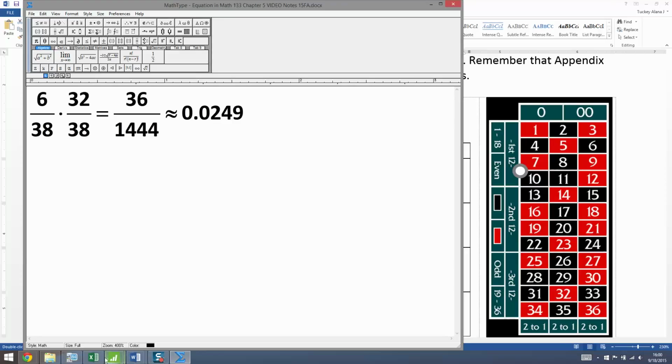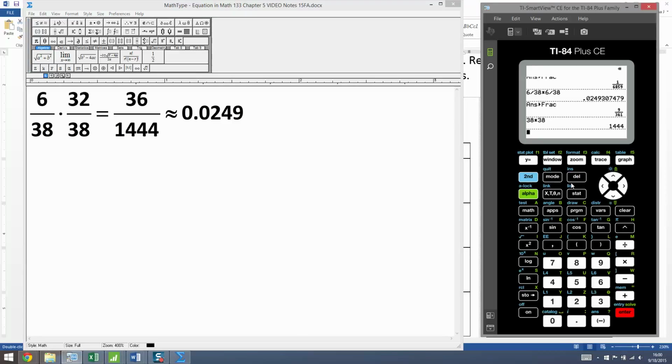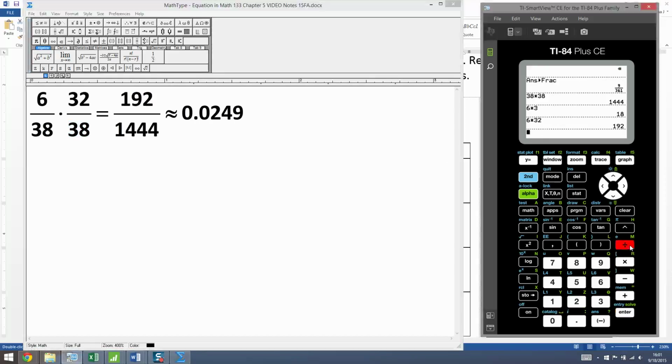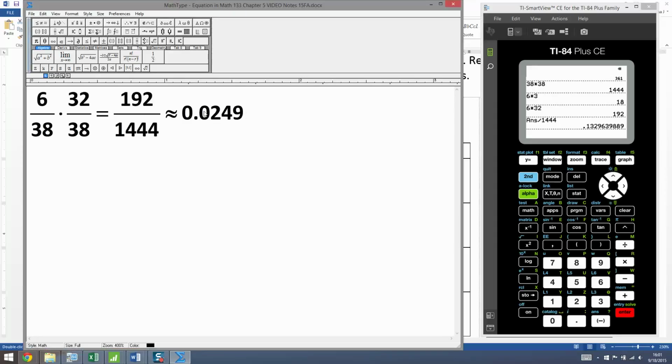So 6 times 32 is 192, which is our numerator. If we divide that by 1444, we get 0.13296, so roughly 0.1330 if you use 4 decimal places.